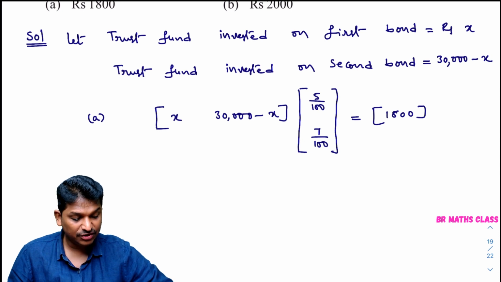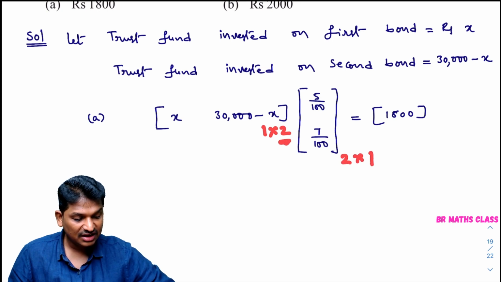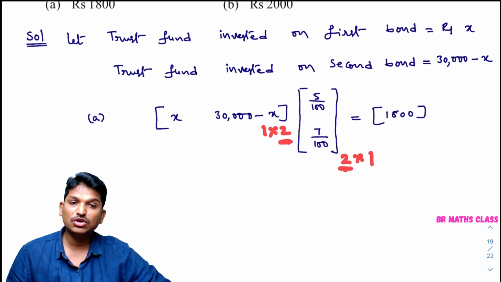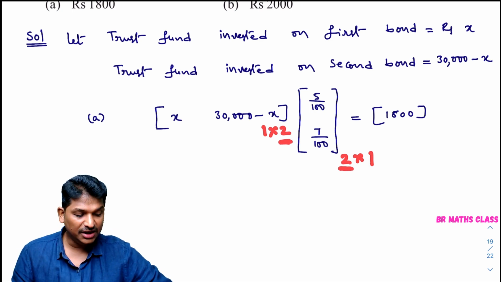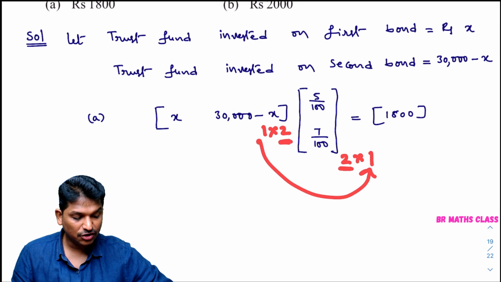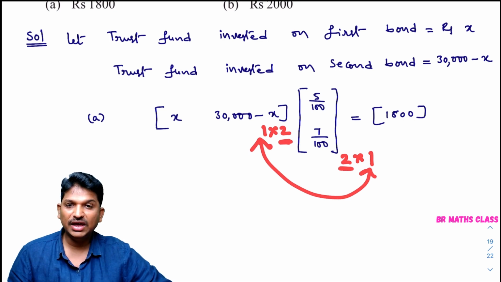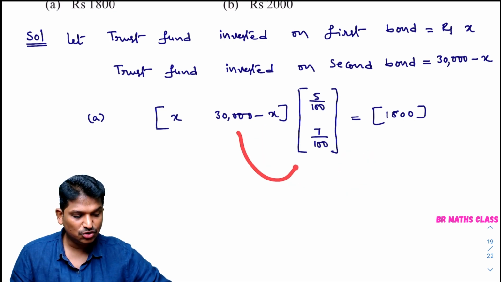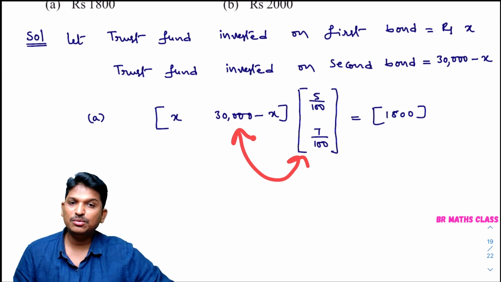Matrix multiplication is conformable. This is a matrix of what order? This is of 1 row, 2 columns. This is of 2 rows, 1 column. Yes, number of columns in first matrix equal to number of rows in second matrix. Matrix multiplication is conformable. After multiplying these two matrices, you will get a matrix of order 1 by 1. You already know how to multiply the matrices.